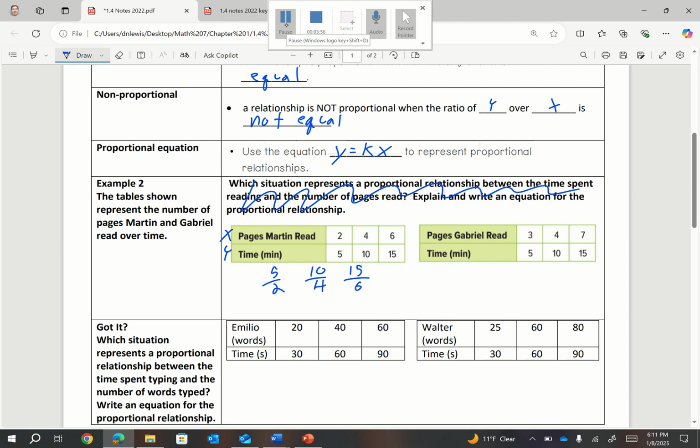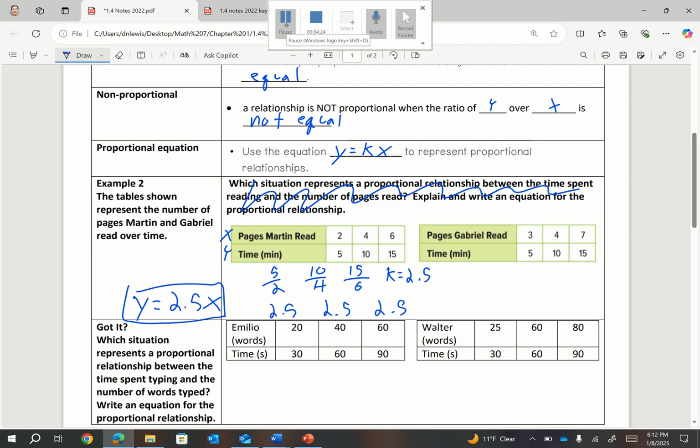And we should see that that is going to keep equaling 2.5. So k equals 2.5. Our constant is 2.5. We do have a proportional relationship, and we can represent that with our equation y equals 2.5 times x. Okay, just plug in that 2.5 into the equation we talked about.